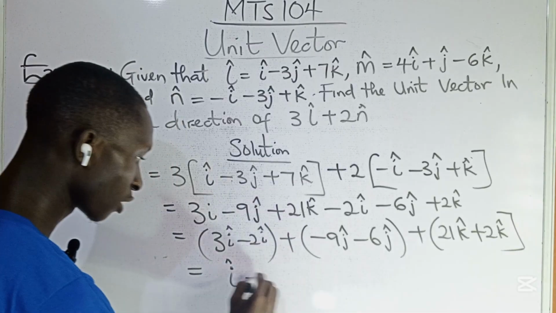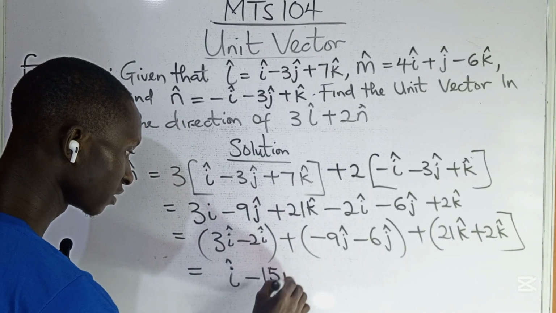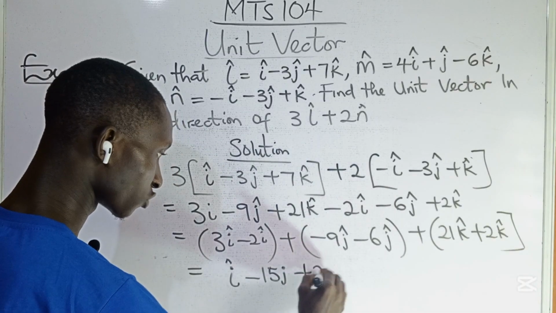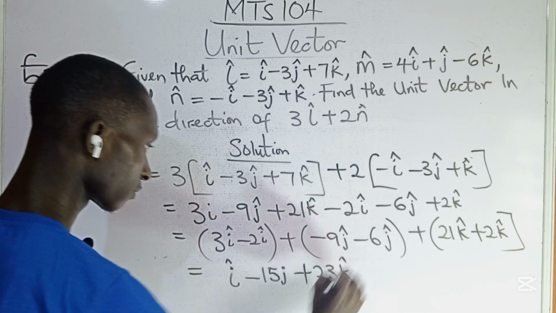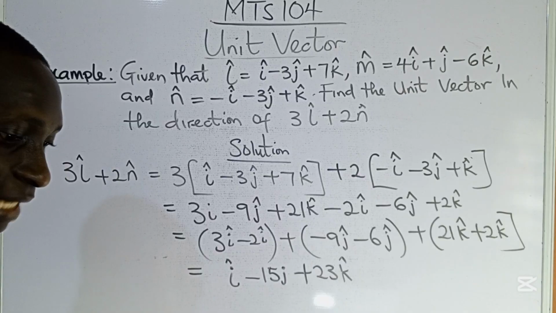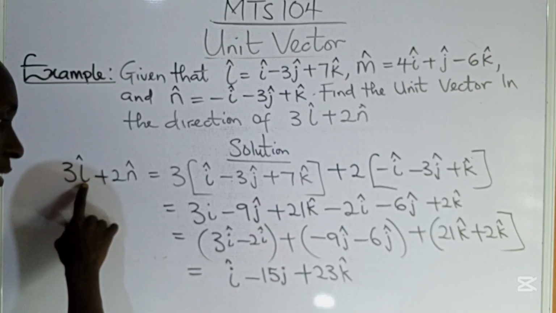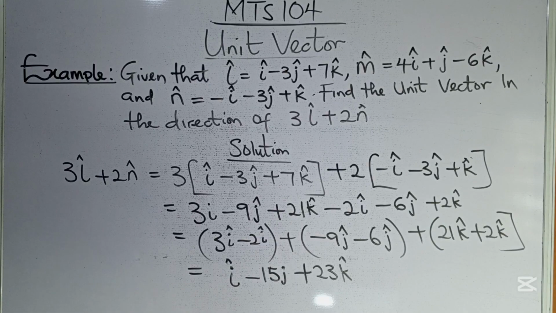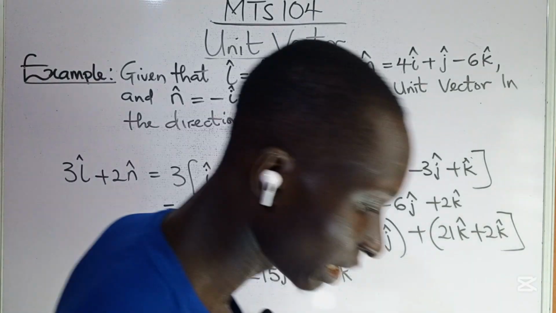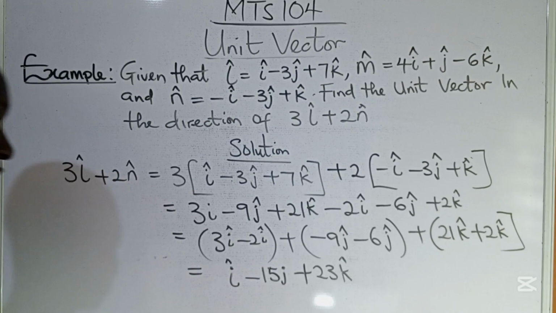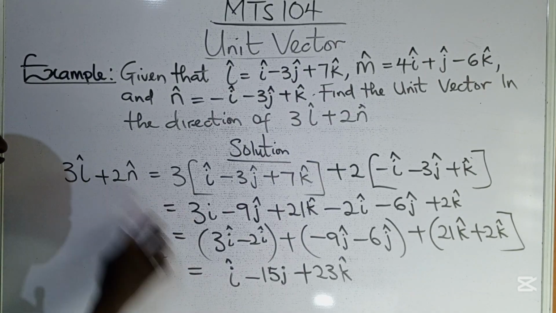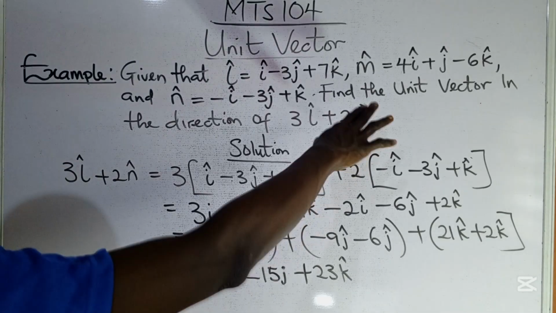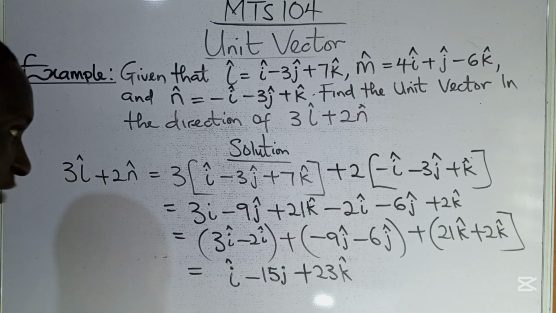Minus 9 minus 6 becomes minus 15j. And this becomes plus 23k. Now, that implies that 3L plus 2N is this, isn't it? We can now proceed by finding the unit vector.